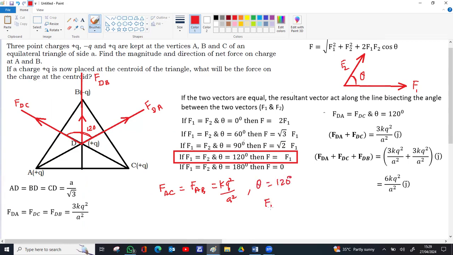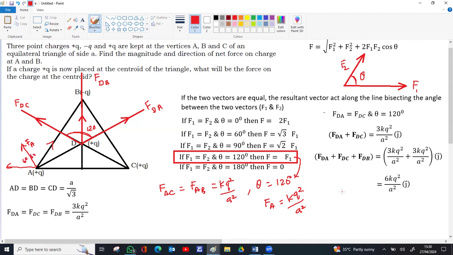So the resultant force on A, applying the same condition, will be the same as one of the forces, that means kq square by a square itself, but along the line bisecting this repulsion and this attraction. So this will be the resultant force F, which makes 60 degrees with both.